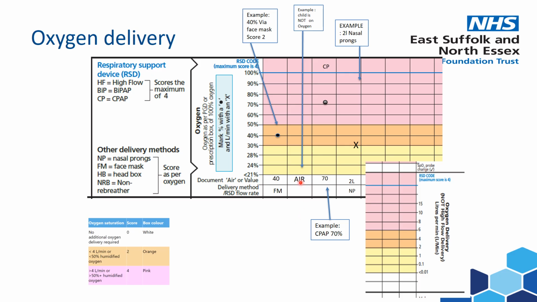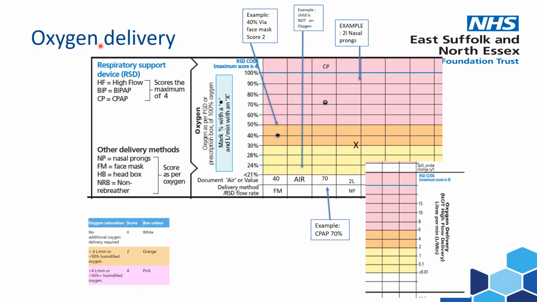If you did put some oxygen on the child, you then need to decipher how the child is receiving that oxygen. So they've got two different categories. They've got delivery methods here, which is your standard lower dose oxygen, so your nasal prongs, face mask, head box, or non-rebreathe.